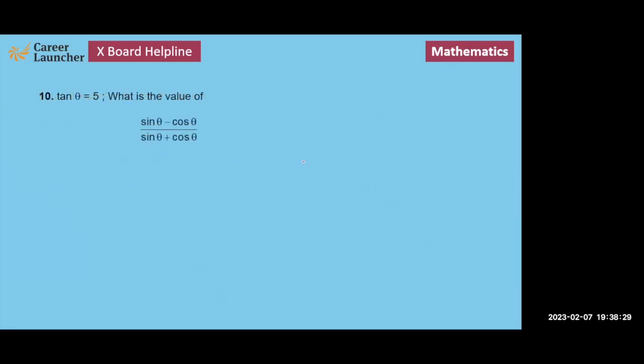Tan theta is equal to 5. What is the value of sin theta minus cos theta by sin theta plus cos theta? Correct. So when you look at this expression, to simplify it, take out cos theta common from the numerator.